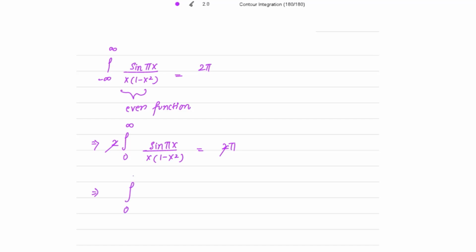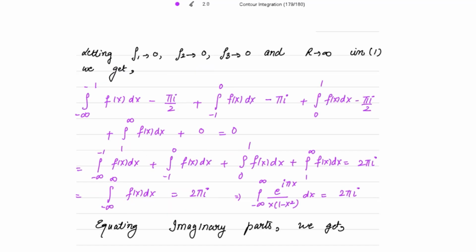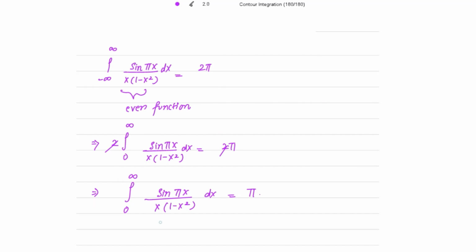Finally, I got the result: the integral from 0 to infinity of sine of pi x over x into 1 minus x square dx is equal to pi. So this is the required result.